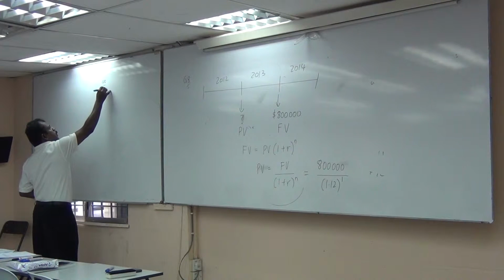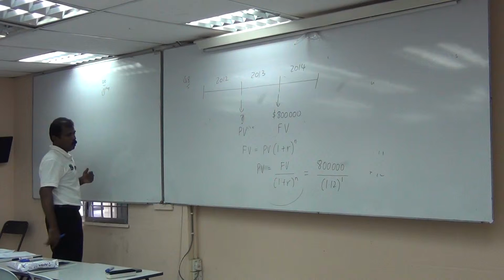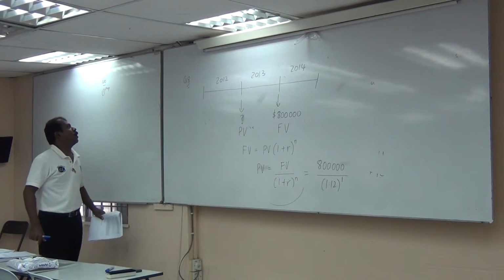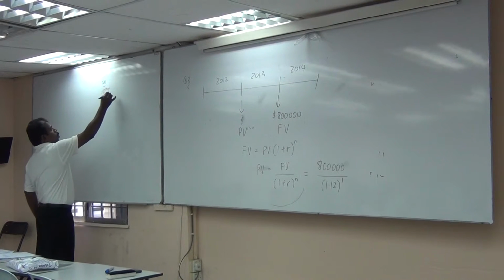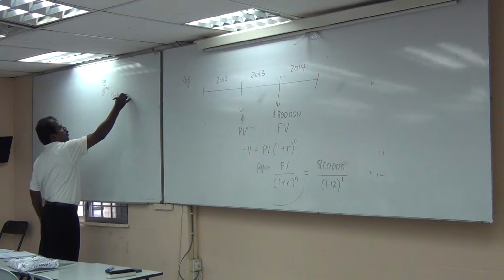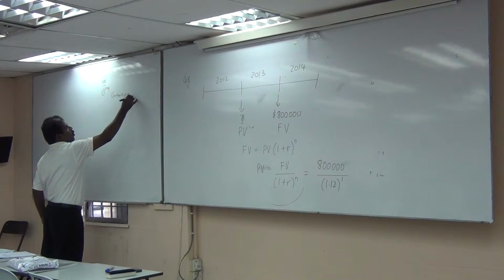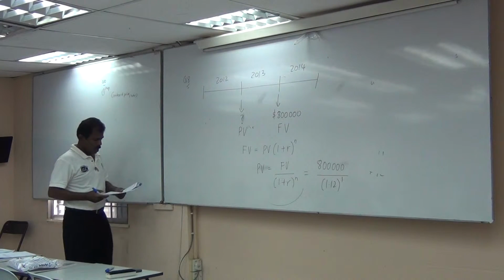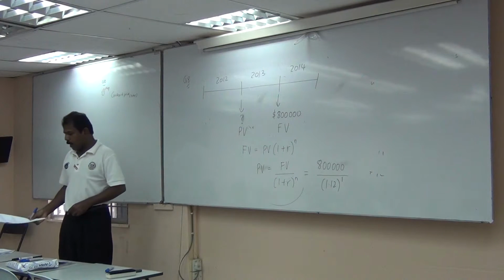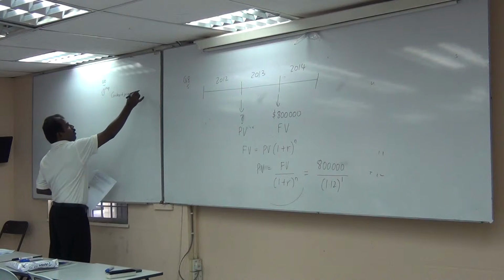First step. Just follow. First step. What is the contract price in total? What is the total contract price value? 500 million.